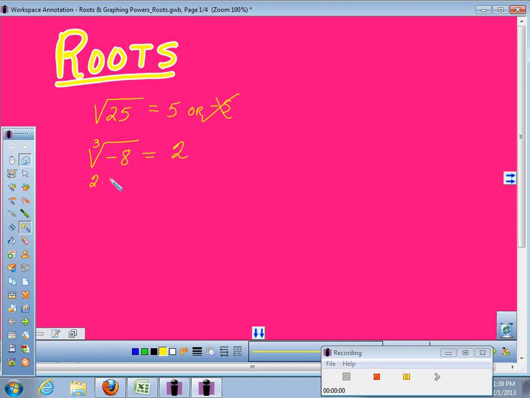If you take negative 2 times negative 2 times negative 2, do you get negative 8? You have to have negatives on all of them. So you can get a negative 2 as an answer. So on a cube root, or basically on an odd root, any root that's odd, cube root, fifth root, seventh root, you can have a negative inside, and you can get a negative answer.